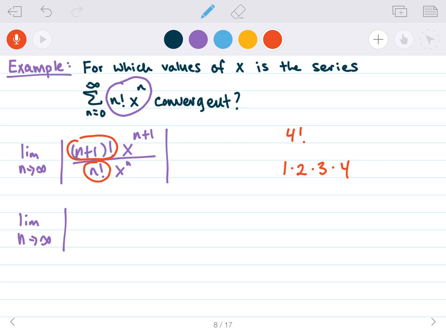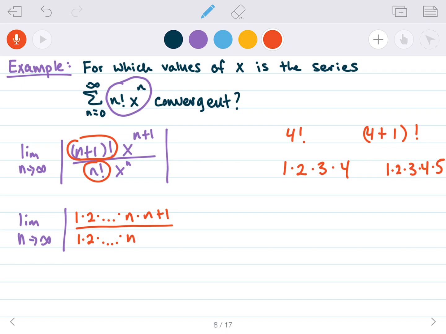So 4 plus 1 factorial is just going to be 1 times 2 times 3 times 4 times the number after 4, which is 5. All right? So that's the idea: on top, this n plus 1 factorial is going to be 1 times 2 times all the way to n, times n plus 1, all over n factorial, which is just 1 times 2 times all the way up till n.